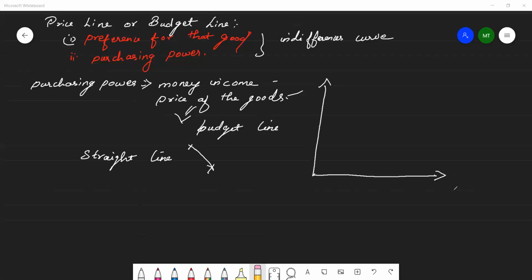Diagram. So it's the x-axis, then the y-axis.